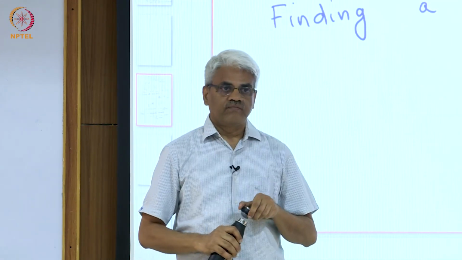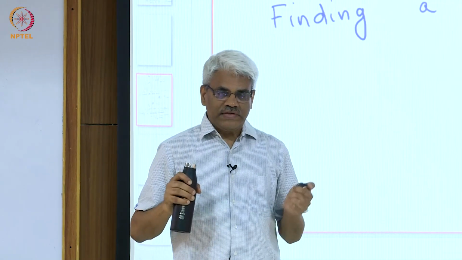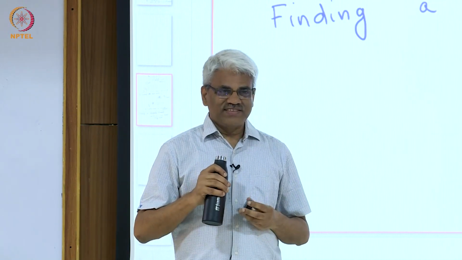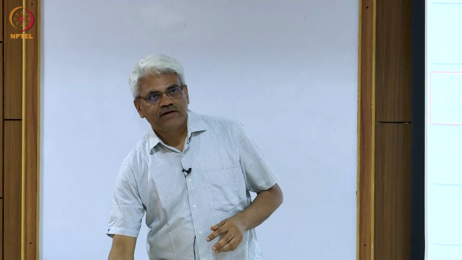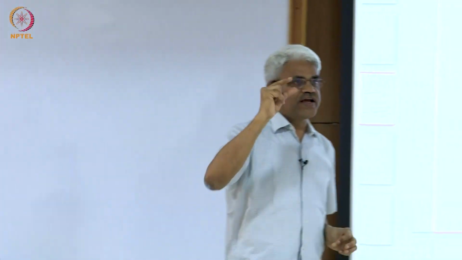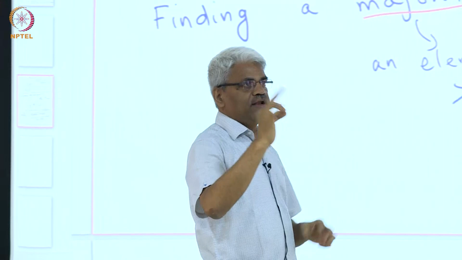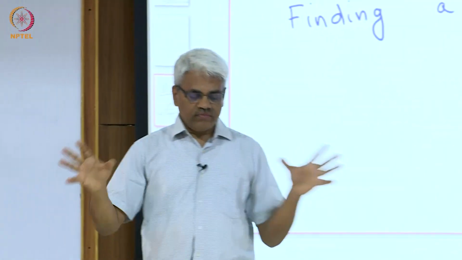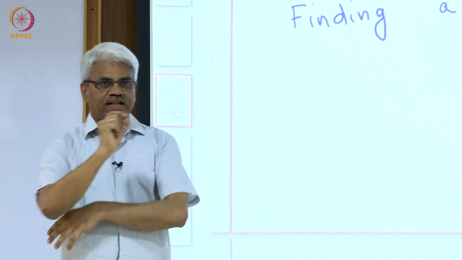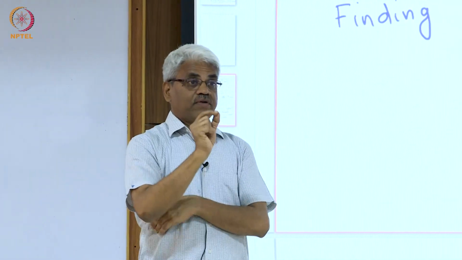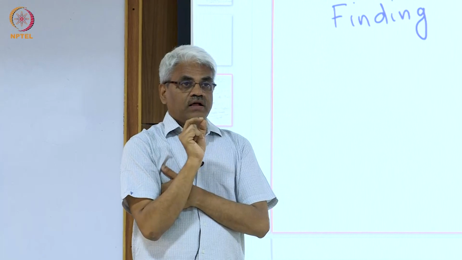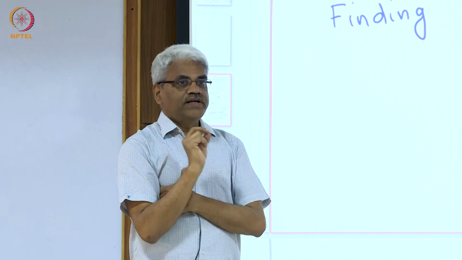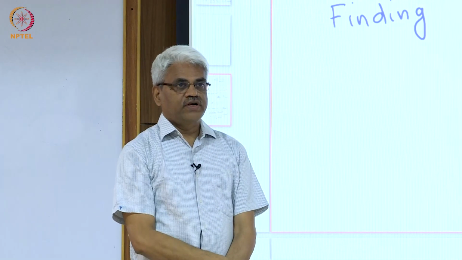The median element is the element which will occupy the middle position in the sorted array. And I told you using divide and conquer, you can actually find the median in linear time, better than n log n. Now, does it help you to find the majority element?